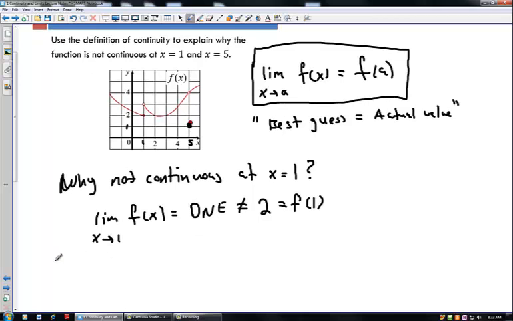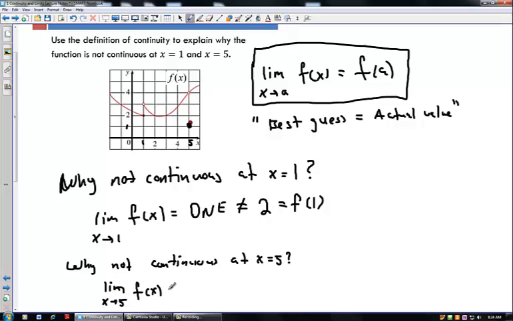How about at 5? Why is it not continuous at x equal 5? Again, look at the definition. You want to look at the limit as x goes to 5 of f of x.